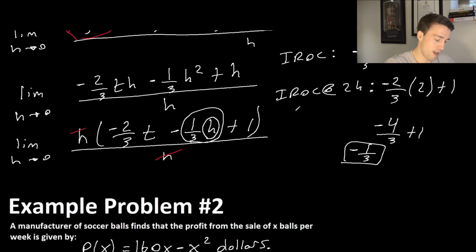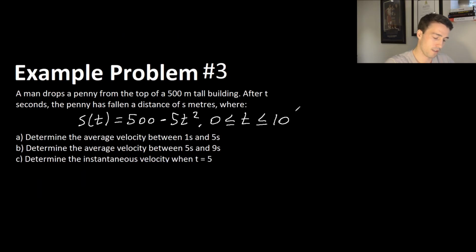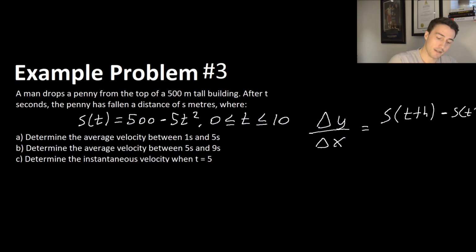So if I write the formula here for problem 3, the average rate of change is really just the slope. So we could say the change in y divided by the change in x. In this case, it's going to be the function s of t plus h minus s of t. And this plus h is the distance that the function is going.